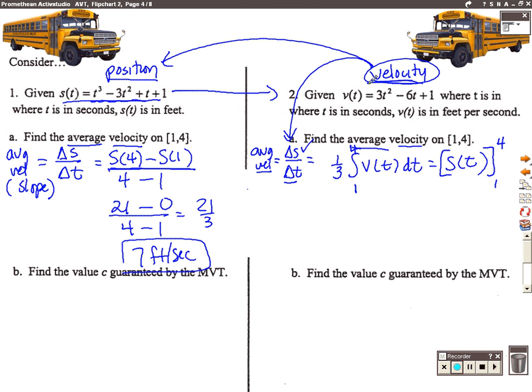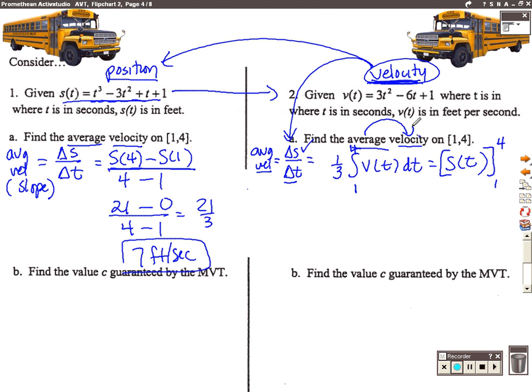I started with velocity. And if I wanted average velocity, I had to go back and get the position function so I could do my slope. So the words are average of velocity, which says go backwards. When you're trying to find the average of a function, go backwards.